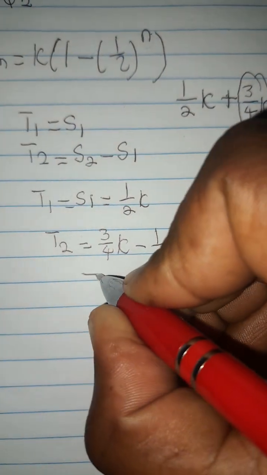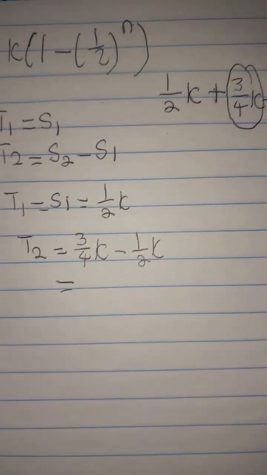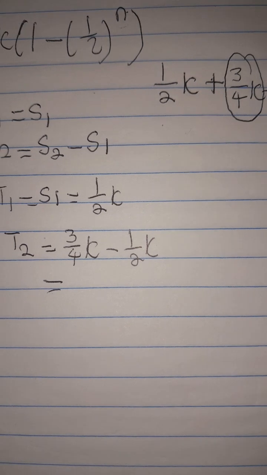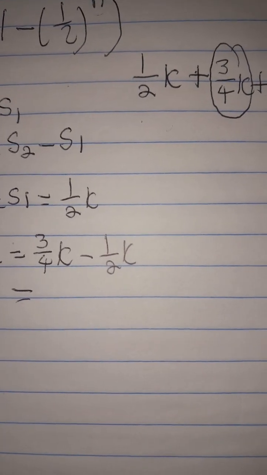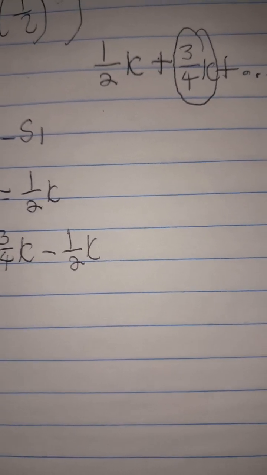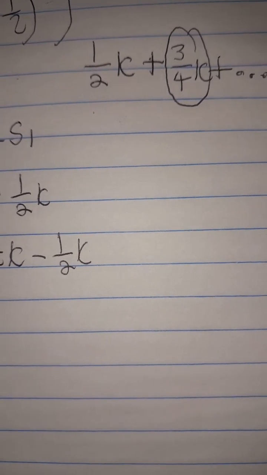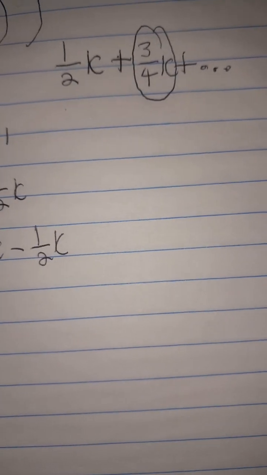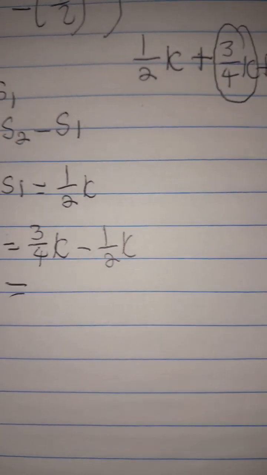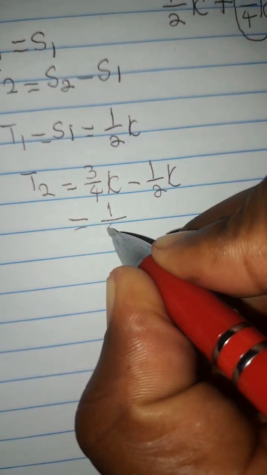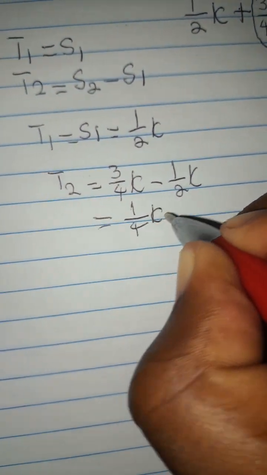That's how you work out such problems, guys. So 3/4 k minus half k gives positive 1 over 4 k.